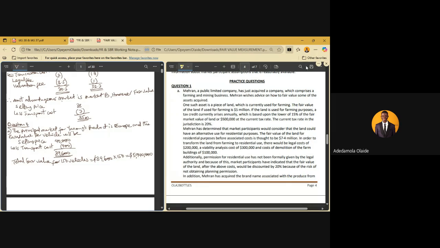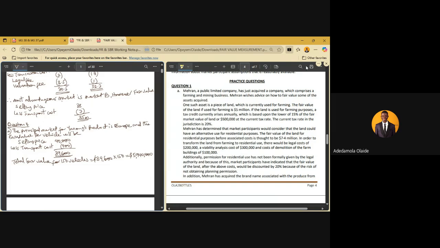If the land is used for farming purposes, a tax credit currently arises annually, which is based upon the lower of 15% of the fair market value of the land, or 500,000 at the current tax rate. The current tax rate in the jurisdiction is 20%. MERA has determined that market participants would consider that the land would have an alternative use for residential purposes.